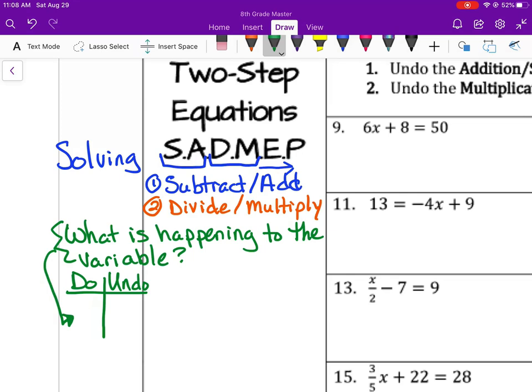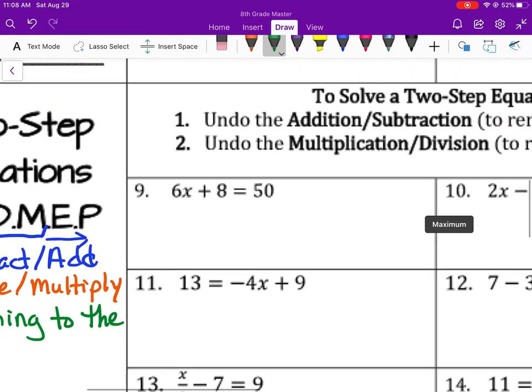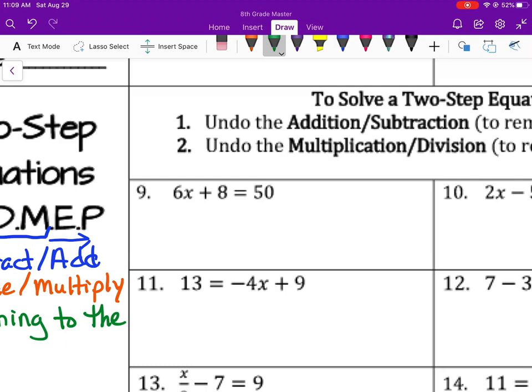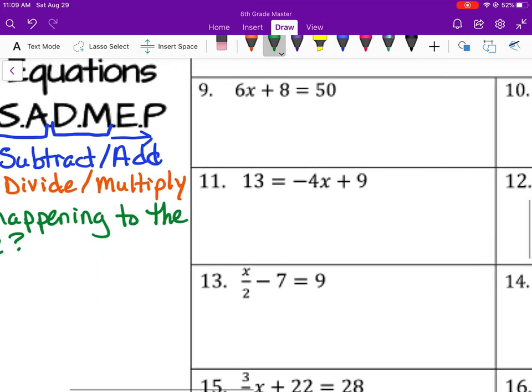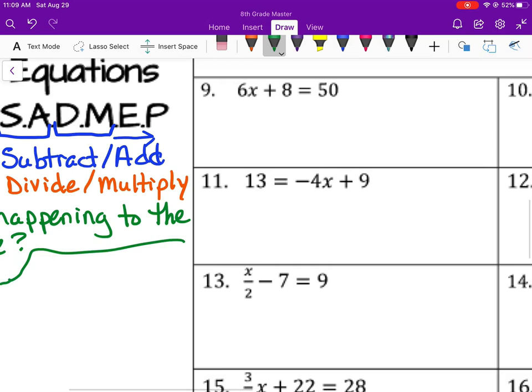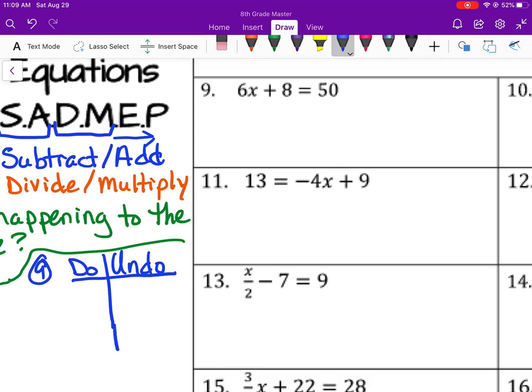Okay, so we're going to go ahead and start off number 9. So first thing we're looking at here, I'm actually going to do this on the side. We're going to do our little do and undo box right here. Okay, so we've got what is happening to the variable.